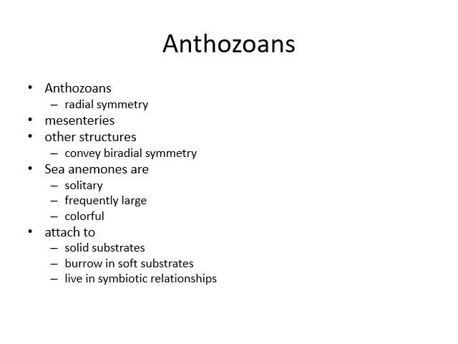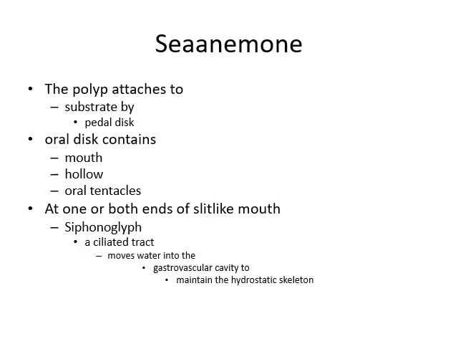Sea anemones are solitary, frequently large and colorful animals. They attach to solid substrates or burrow in soft substrates and sometimes live in symbiotic relationships. In sea anemones, the polyp is attached to the substrate by a pedal disc. The oral disc contains the mouth and hollow oral tentacles.